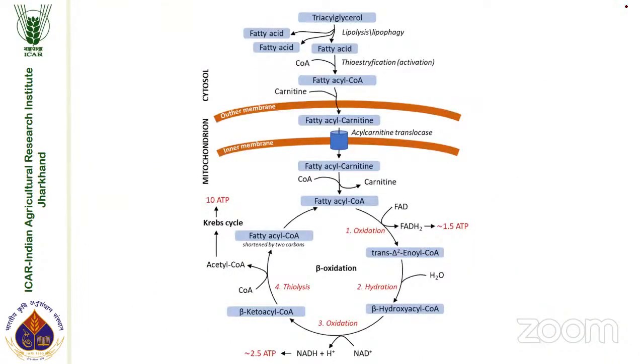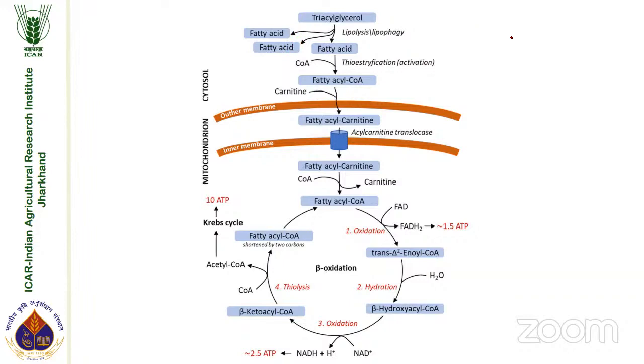Overall, holistically, if you see this triglyceride or lipid, first the fatty acid will be hydrolyzed and removed, and after removal you will be left with glycerol and fatty acid.